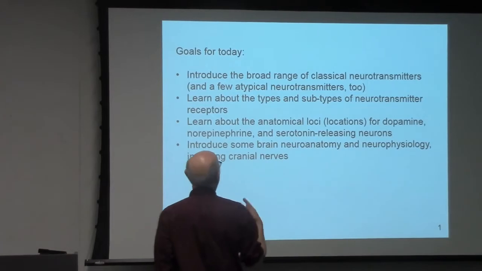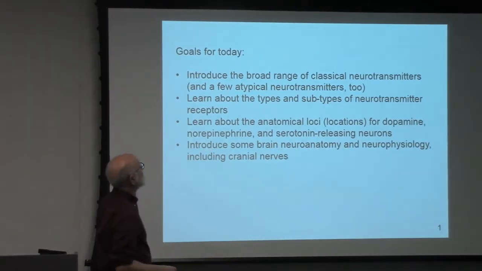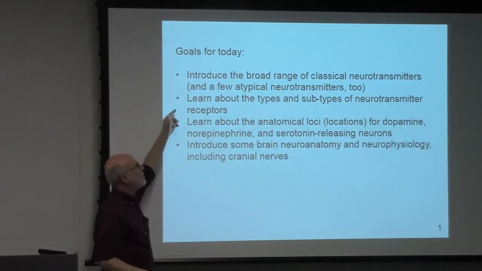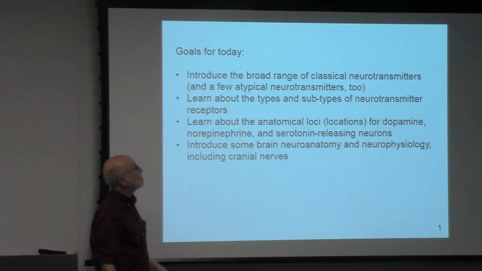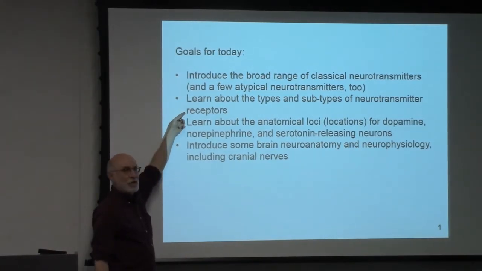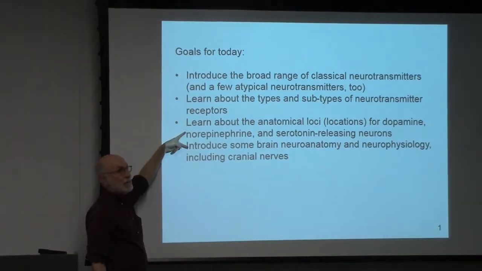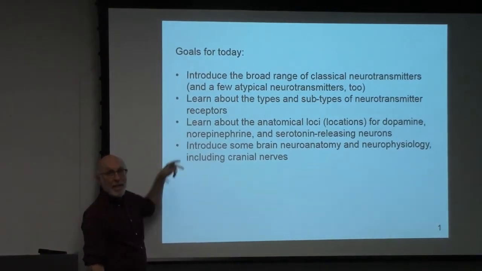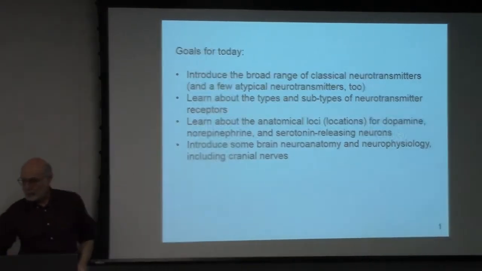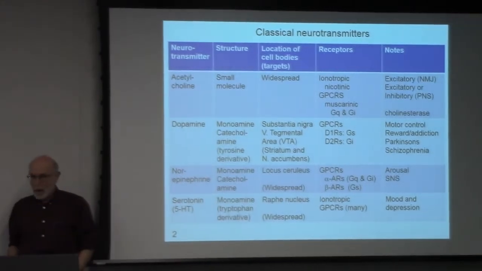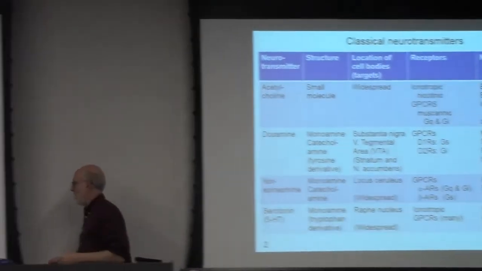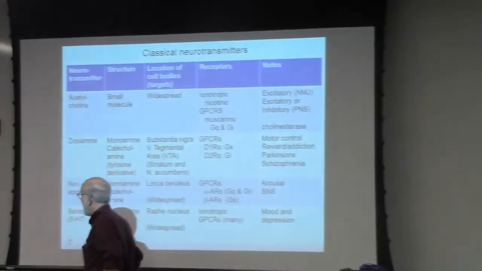So we're gonna talk about classical neurotransmitters. Maybe talk for a few minutes about atypical ones too, because they're more interesting. Neurotransmitter receptors, and we're going to start to talk about neuroanatomy. Okay, so here's a table. I guess we kind of ended the last class with this table.